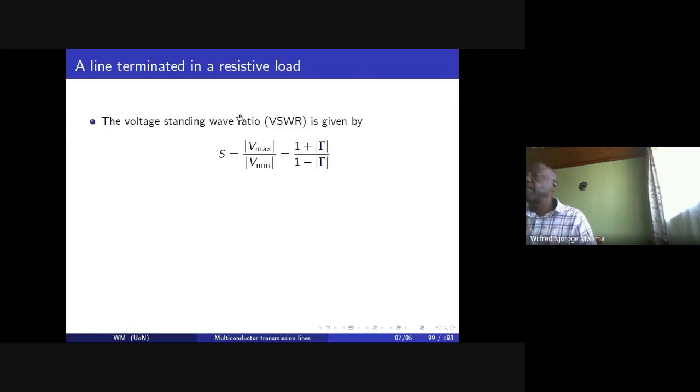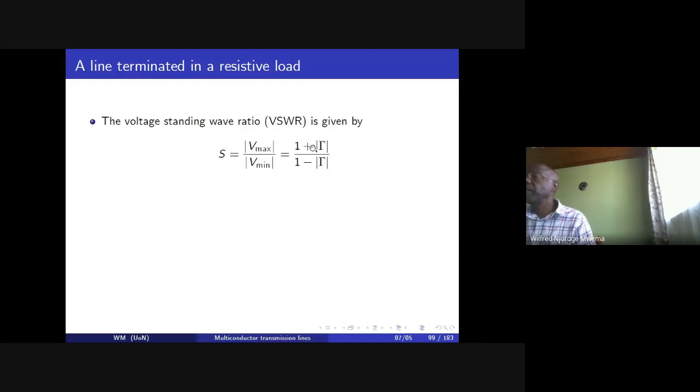So the voltage standing wave ratio, or VSWR, is usually defined as S equal to the maximum value of the voltage divided by the minimum value of that voltage. They won't occur at the same point on the line, but we'll have an absolute value of the minimum voltage and an absolute value of the maximum voltage.